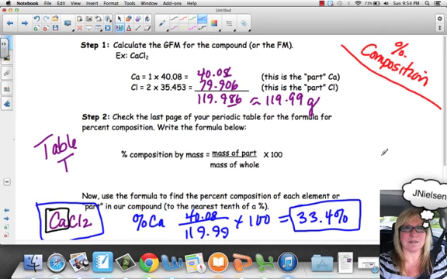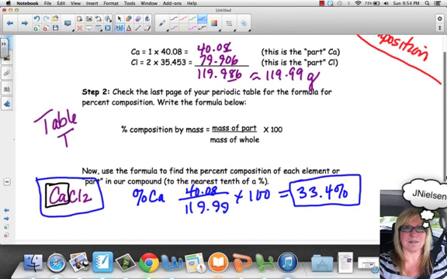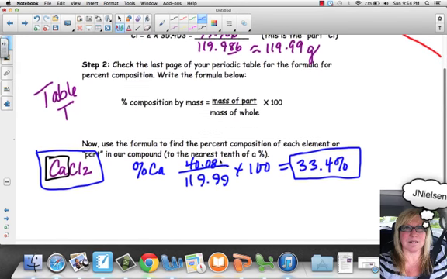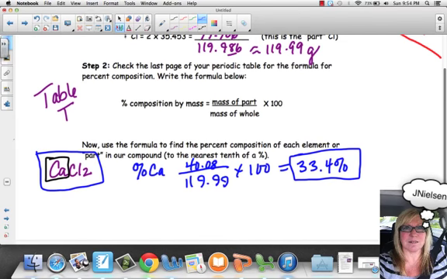Now they want us to find the percent oxygen. So if I'm going back, not percent oxygen, I want us to find percent chlorine. So here's my part, and here's my whole.